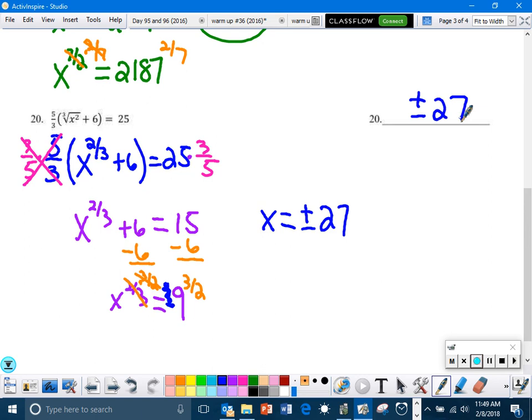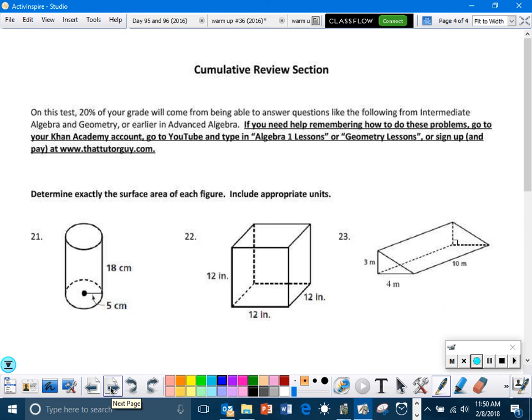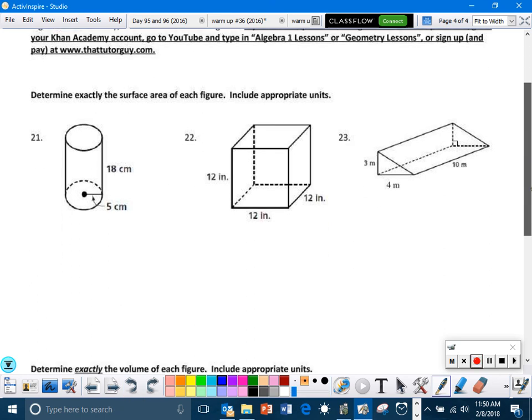All right. Now, the last page is dealing with some geometry review, surface area, and volume. Now, the first part, we want the surface area. Okay, so obviously we need the surface area formula.